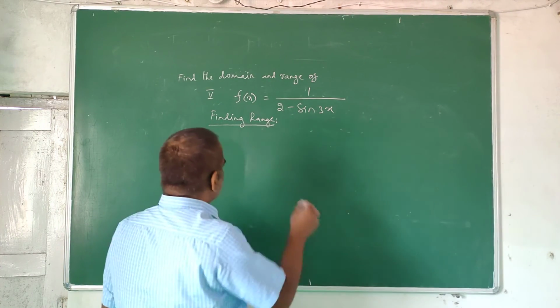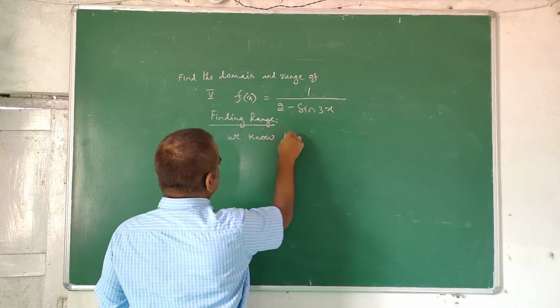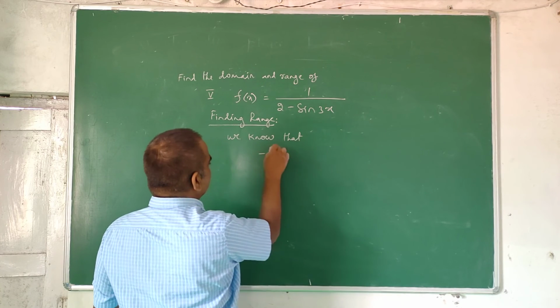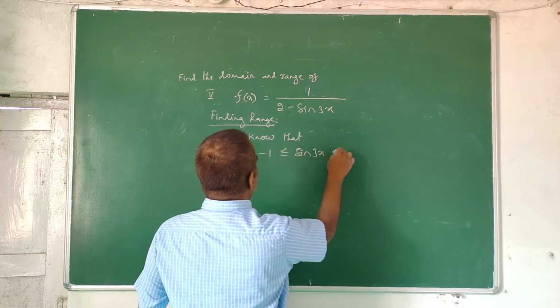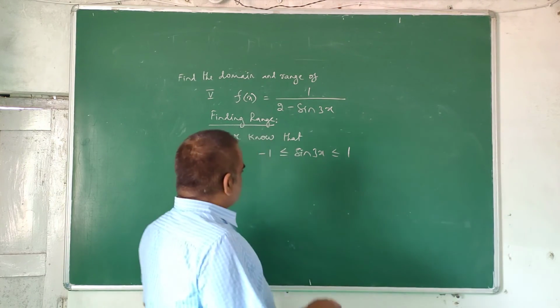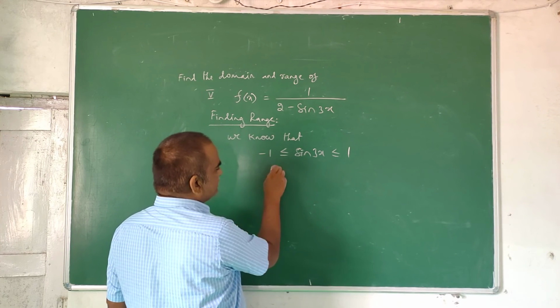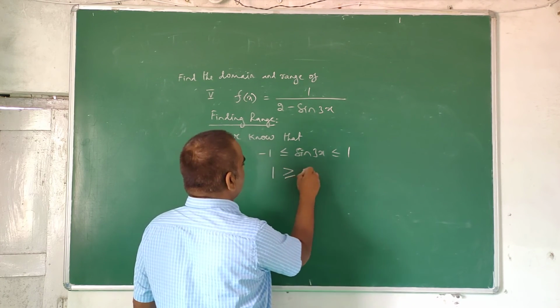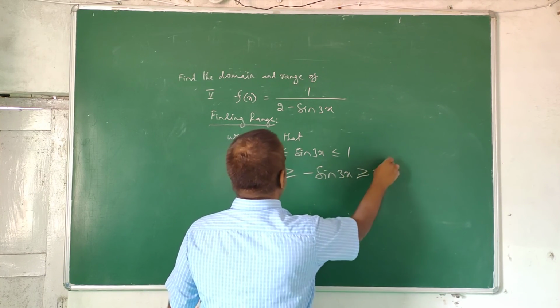See here, we know that sine 3x always lies between minus 1 and 1. So now if you multiply with negative 1, 1 is greater than or equal to minus sine 3x is greater than or equal to minus 1.